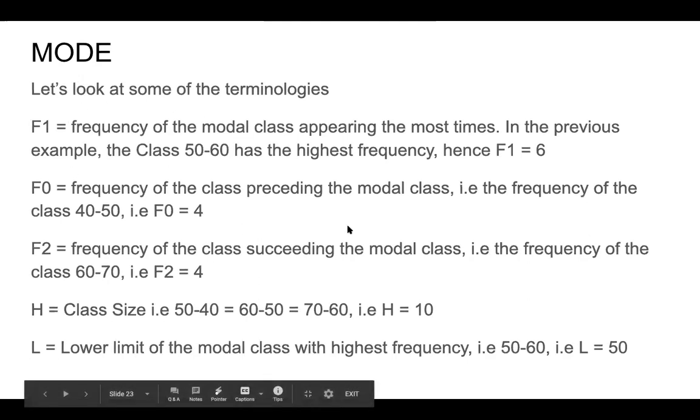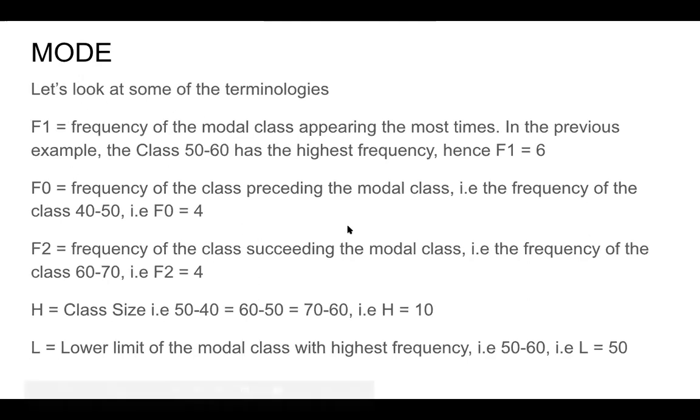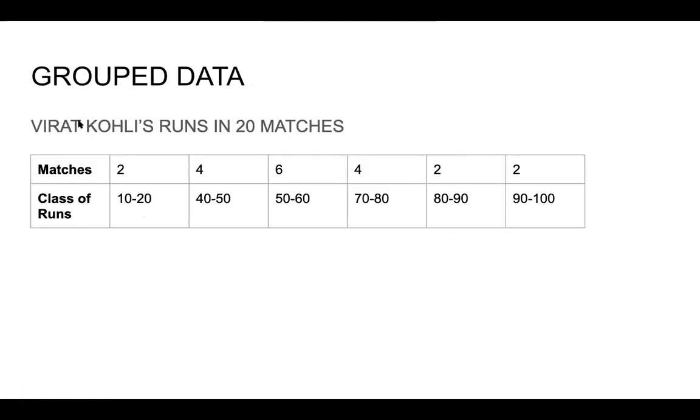The first term is called F1. F1 is the frequency of the maximum number, the maximum number of matches.